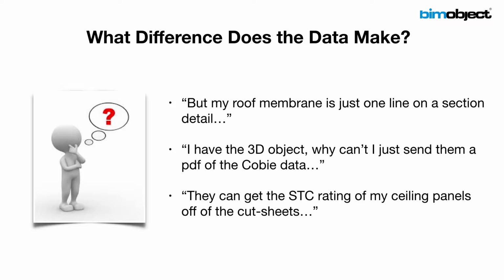So what difference does the data make? I said a minute ago, it's not just the geometry, it's data. And these are quotes I've actually had from building product manufacturers. I was talking to a very large roofing membrane, rubber roof contractor. And he said, why do we need digital content, digital products? All we are is one line in a wall section detail. And I said, that's great. You're exactly right. You're only one line on a wall section detail.